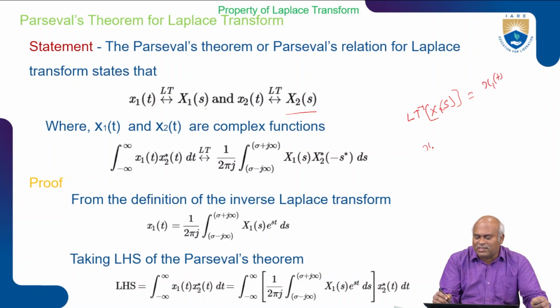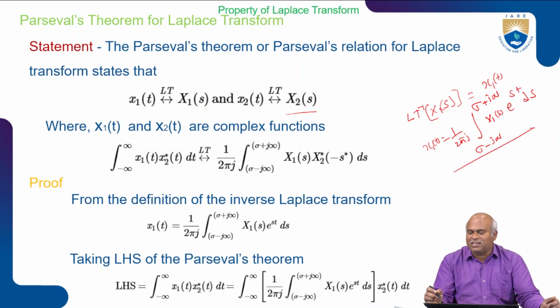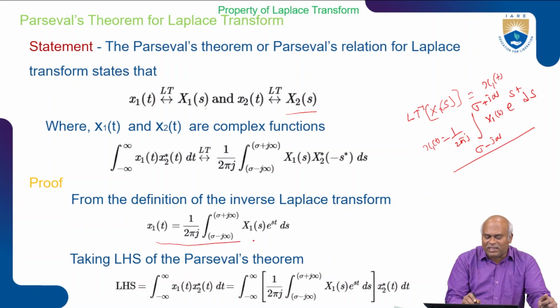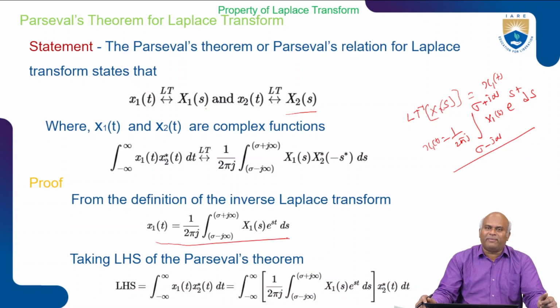Now x1 of t is equal to 1 by 2 pi j integration from sigma minus j infinity to sigma plus j infinity of x1 of s e power st ds. Okay, this is the inverse Laplace transform, and I write that equation here.